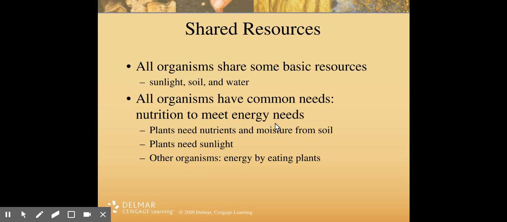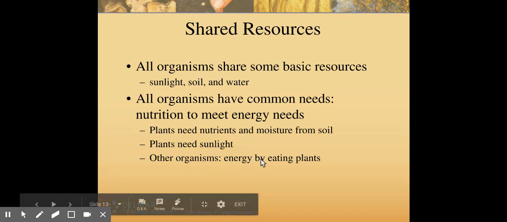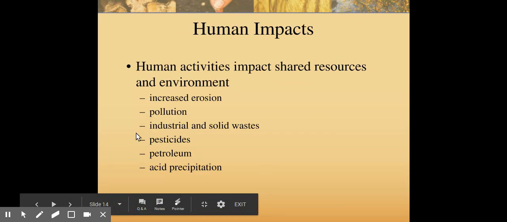All organisms have to meet their energy needs. So, again, very straightforward explanation. Not exactly 100% right, but pretty darn close. Plants get nutrients from the soil and then use sunlight to make that into food that they can use and that other organisms can use when they eat them.